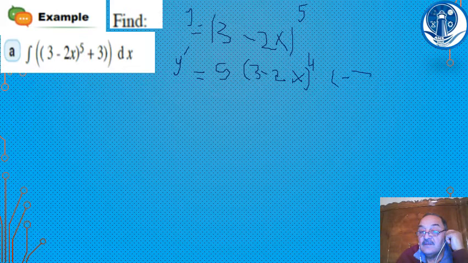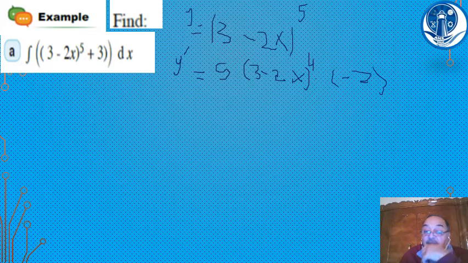Very good. Okay, this is the antiderivative of the function. To come back to this one, what we have to do?